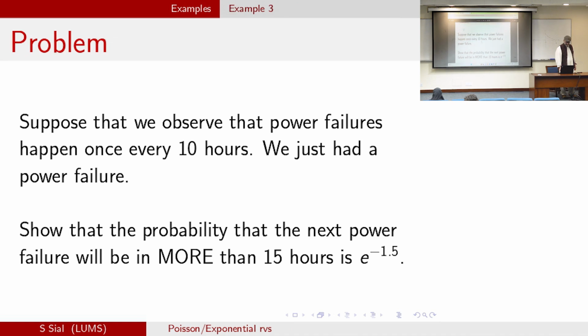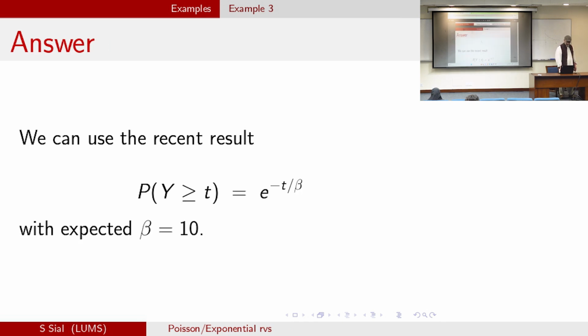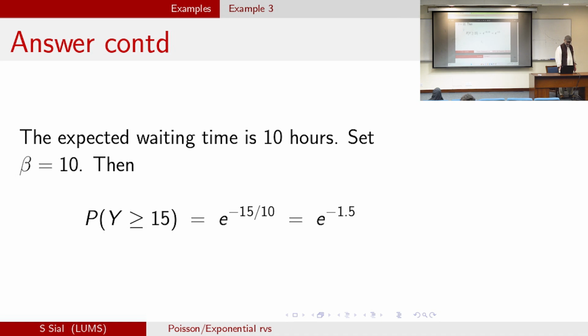Somebody's been taking measurements over the last 12 years, and you just said 10 hours. Lambda is 1 every 10 hours, so 1 over 10, and beta equals 10, and t we were asked about was 15. So e to the minus 15 over 10, e to the minus 1.5.